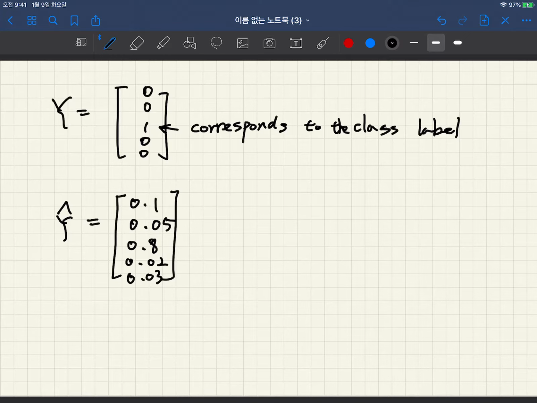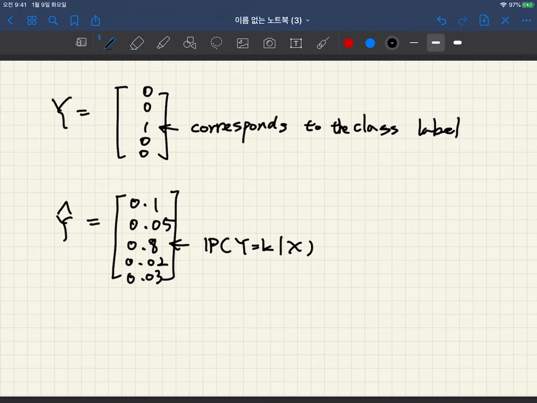The sum of entries is equal to 1, and all element values are non-negative. Okay, so it follows some probability properties. And each element corresponds to the conditional probability of y equal to k for given your input x.